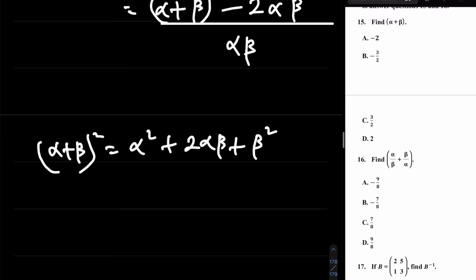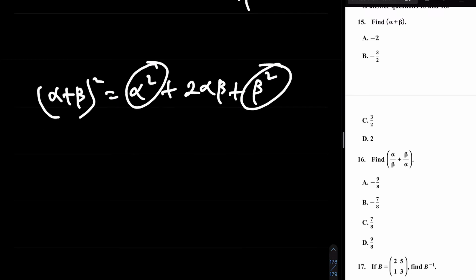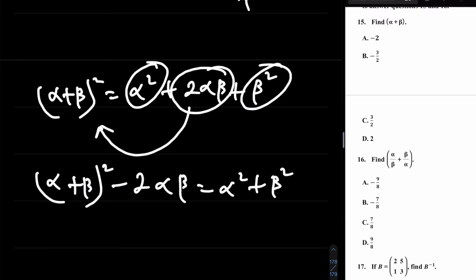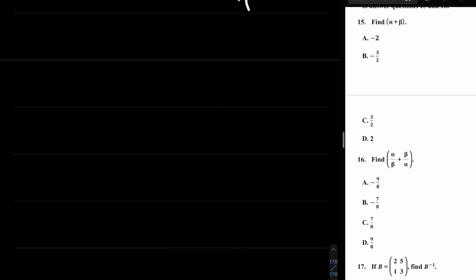So if you make alpha squared plus beta squared the subject of this equation, you have to bring minus 2 alpha beta to the left hand side, and you're going to have alpha plus beta all squared minus 2 alpha beta equals alpha squared plus beta squared. So that's how to get the identity for alpha squared plus beta squared. It is the same as alpha plus beta all squared minus 2 alpha beta.